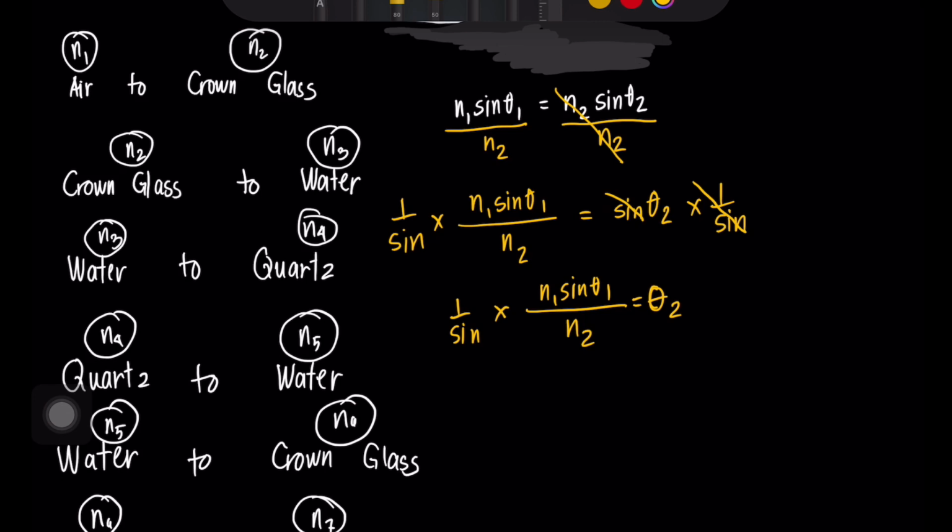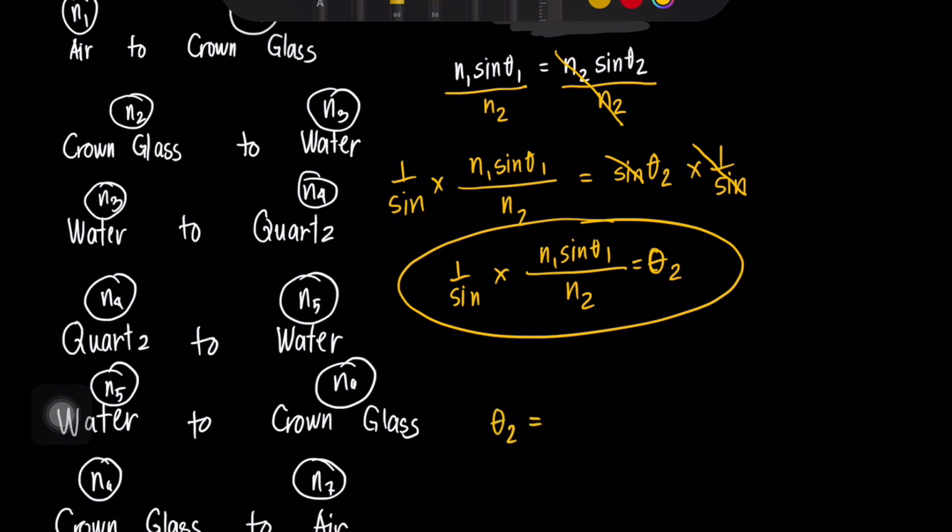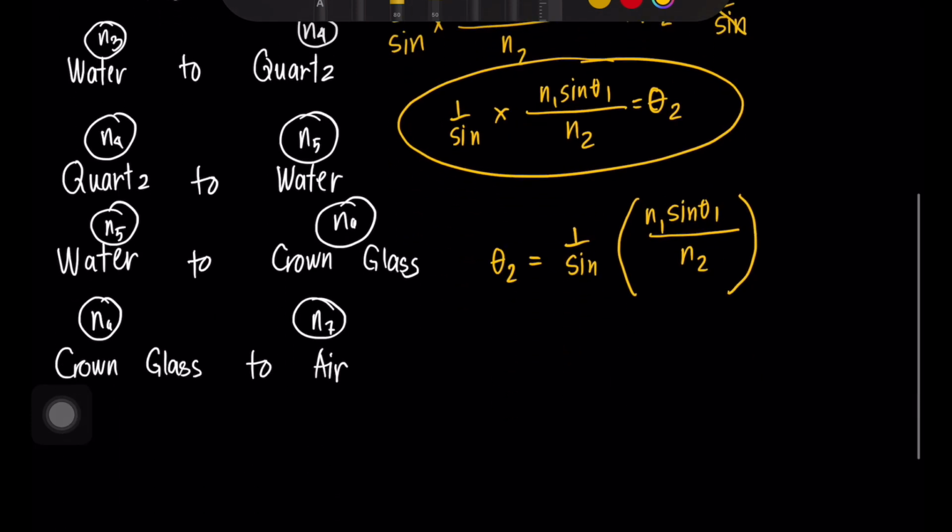And then afterwards, we simply exchange the position. So instead of writing this way, we write theta sub 2 is equal to 1 over sine multiplied by n sub 1 sine theta sub 1 over n sub 2. And then in physics or in mathematics, 1 over x is just equal to x to the negative 1. 1 over y is just equal to y to the negative 1.